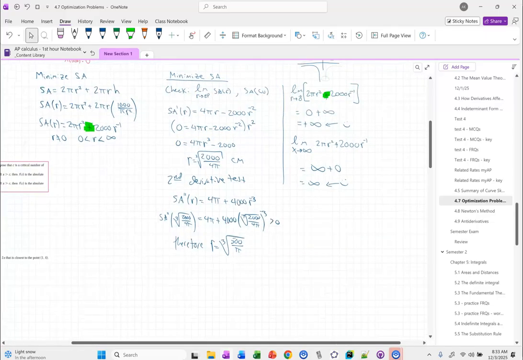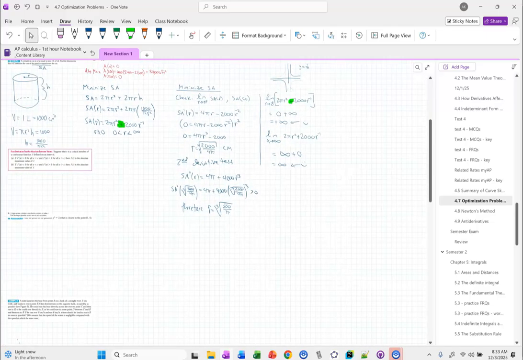For height, I know that's 1,000 over pi r squared. And these units would both be in centimeters. Is everybody okay with what we did?